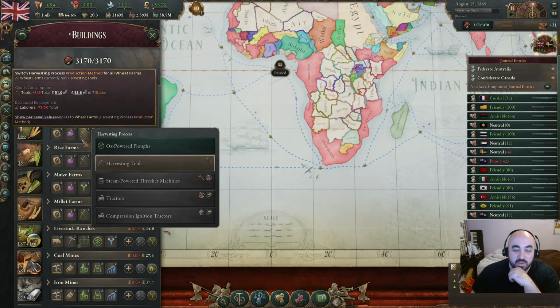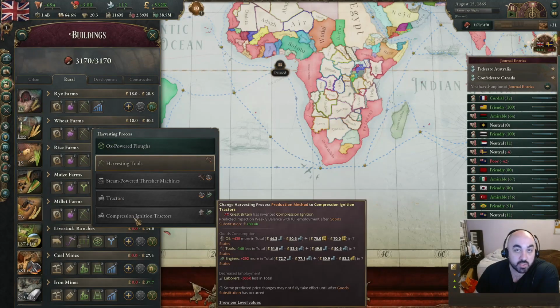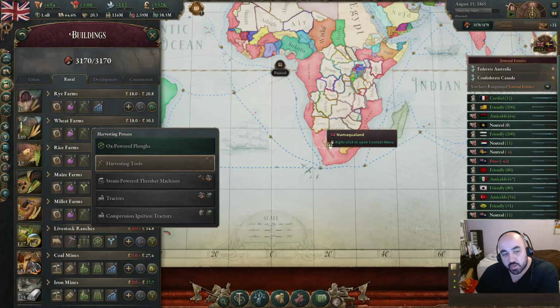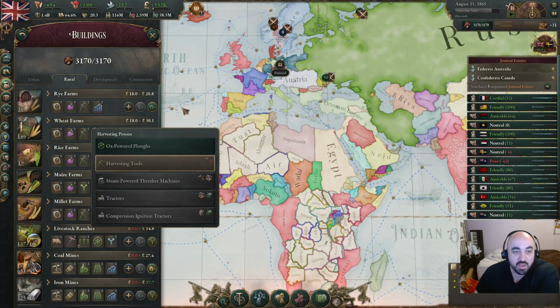This is something I did early on. I don't think it's too worth reading into. I lost my cheat sheet. Oh, there it is. But you could be more aggressive about using labor-saving PMs in unincorporated territories because you're not taxing those pops, and so driving it so that there are fewer jobs available there, so they have to migrate, might be something worth doing.